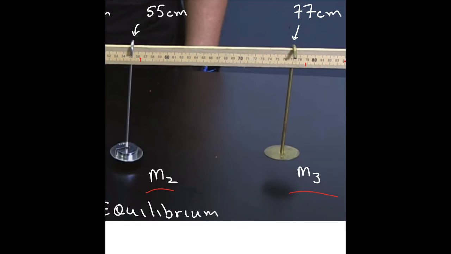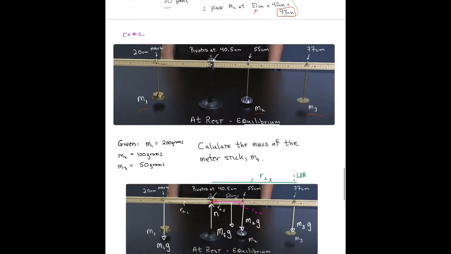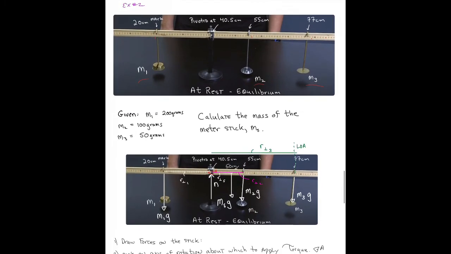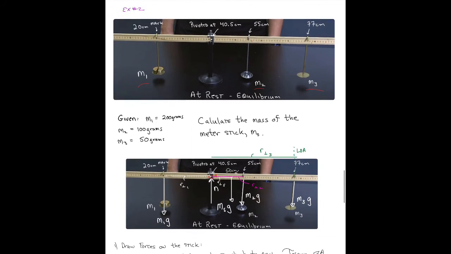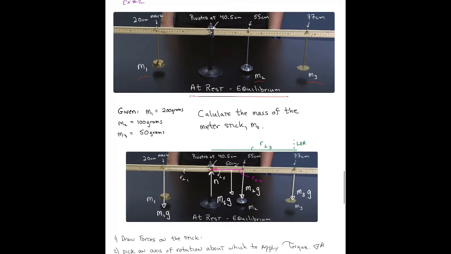There's a little bit of angle due to how the picture was taken, but that's at 77. The stick is not rotating. It's at rest, so it's in equilibrium. Now I want to calculate the mass of the stick, m sub s, based on the individual masses and where they're located.